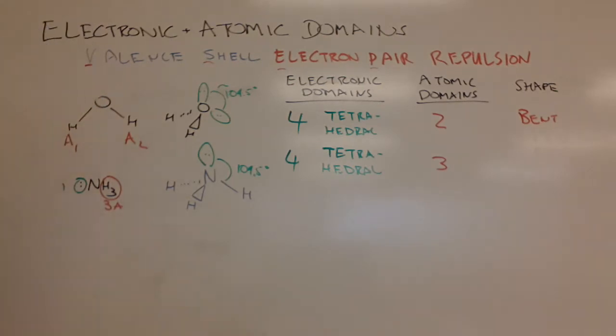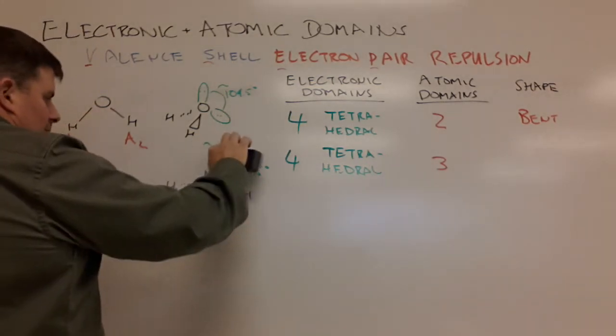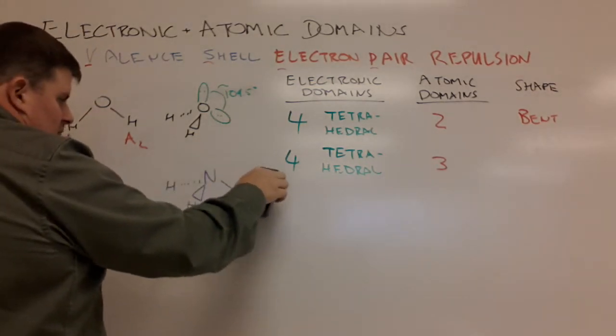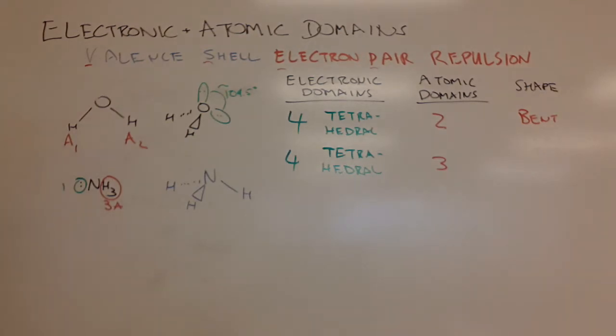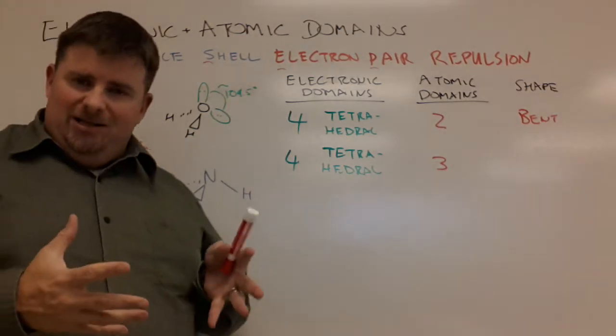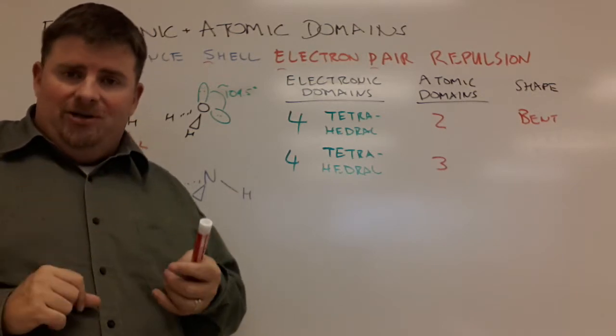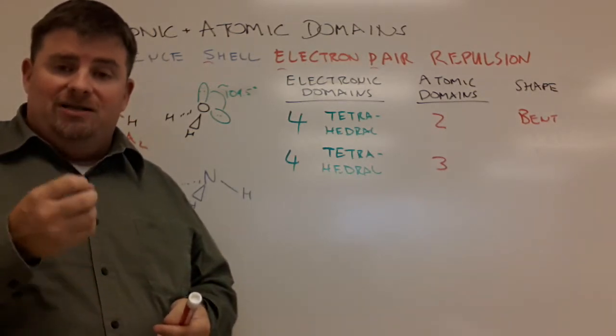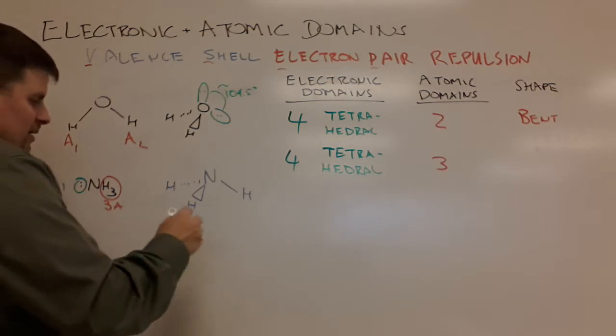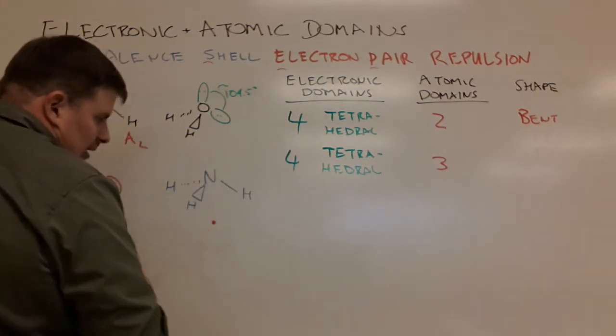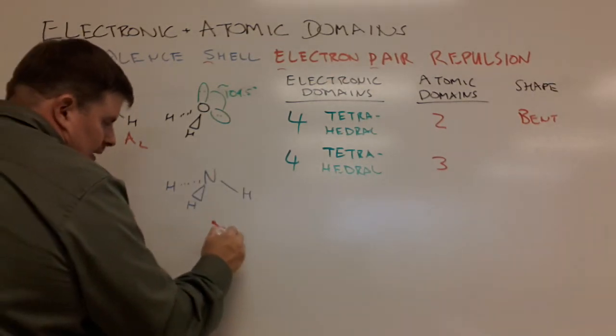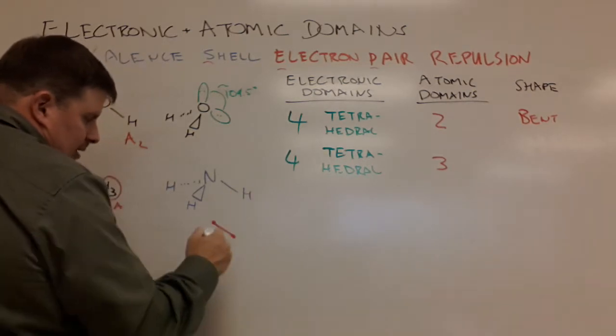Good. So when I look at the atomic domain, I have to erase the lone pair. So my lone pair goes away, and what I have now is that weird shape. And it's not really a triangle because it's sort of raised. That lone pair disappeared, which means that the central nitrogen is an exposed point. So if I were to draw this at a point, that would be my nitrogen. It would come down to 1 point at that hydrogen.